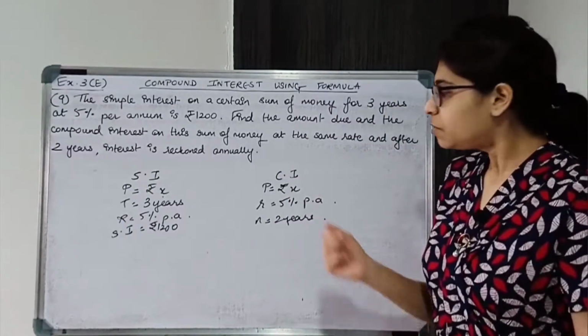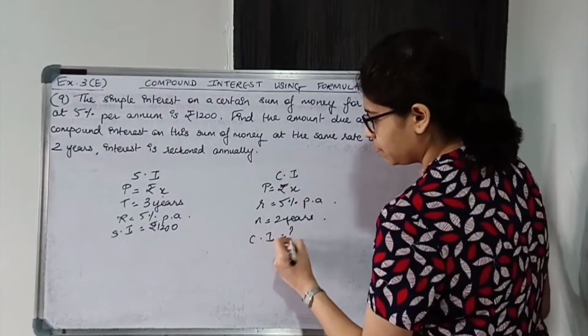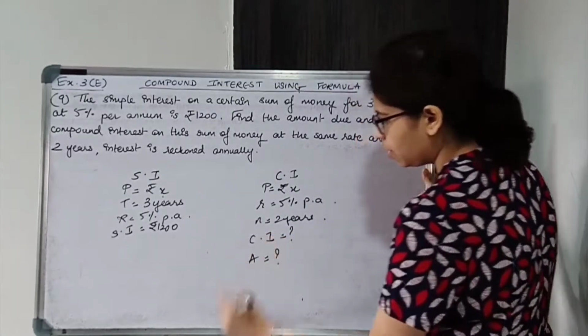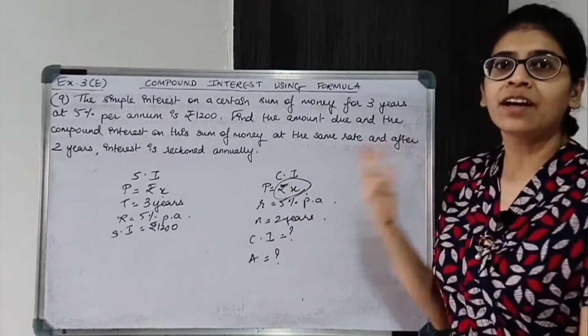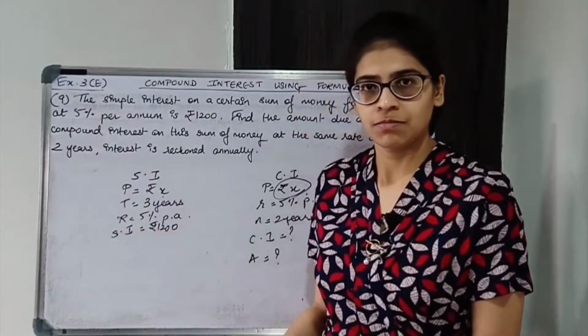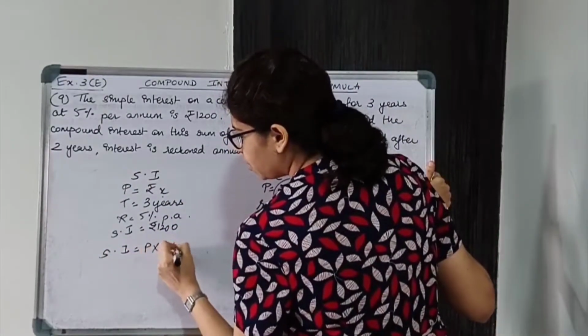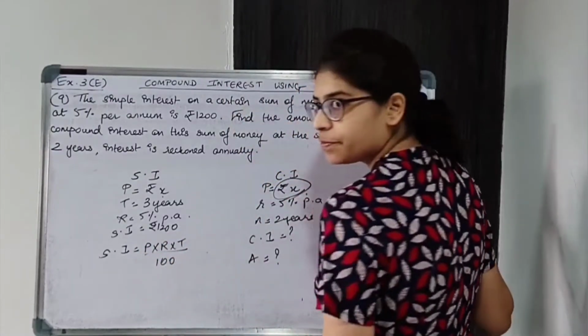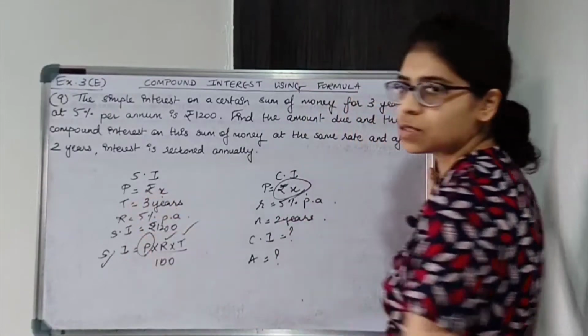Now, we need to find compound interest as well as amount. For that, we need to know principal. Now, you will get the value of principal from this case. Simple interest is P into R into T upon 100. We know this, we know this, we know this, we can easily find this.